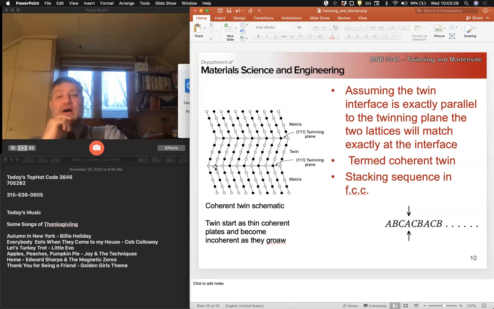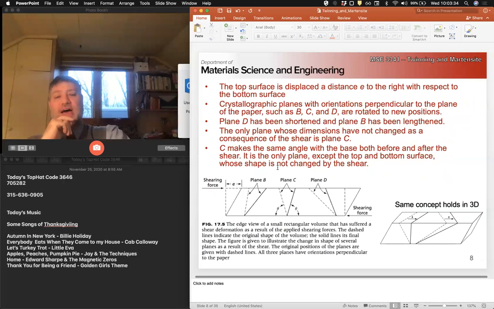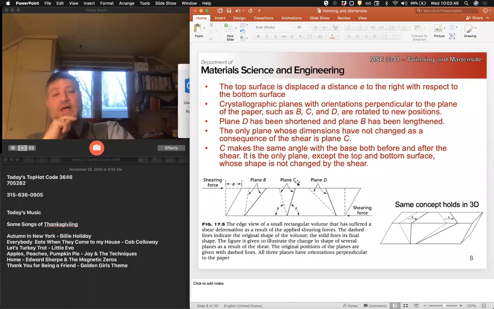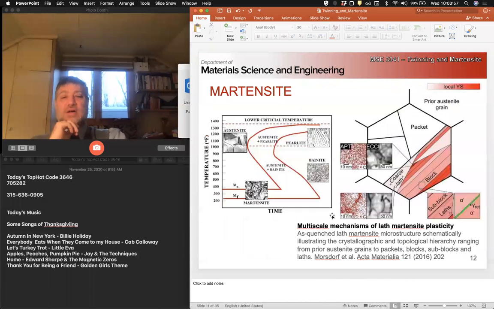And this idea of an invariant plane, where we have a plane that doesn't change its angle with respect to the applied force, and it doesn't change its length. All the vectors in this plane remain the same. And these are important concepts that carry over to martensite.